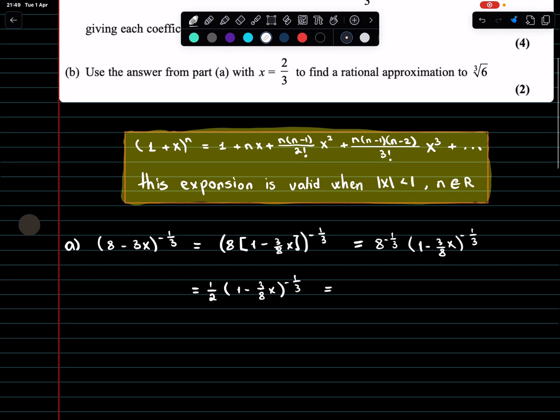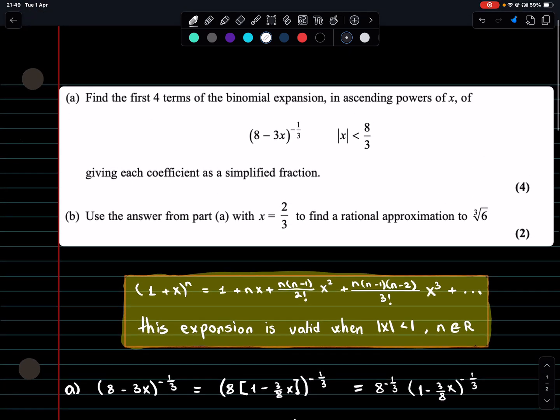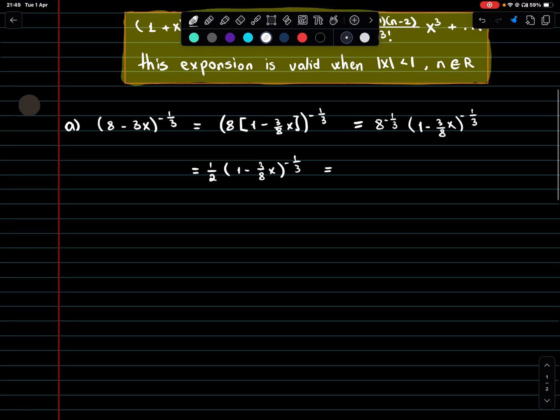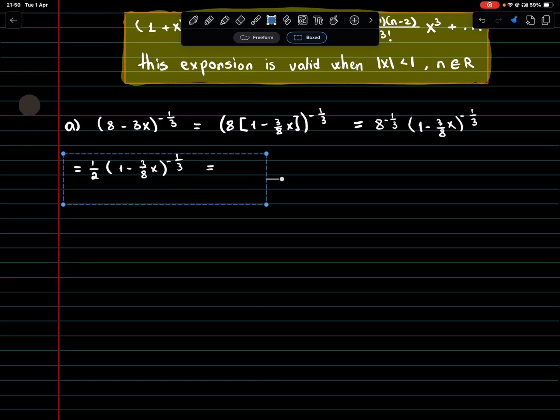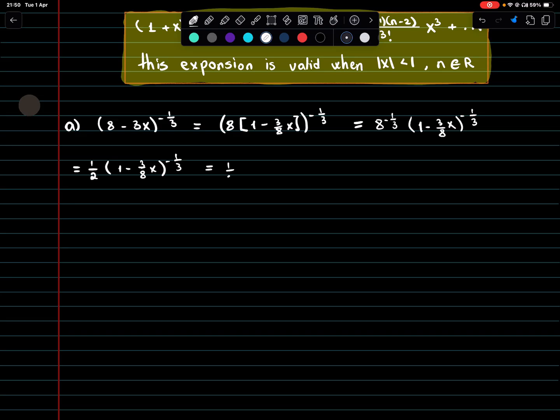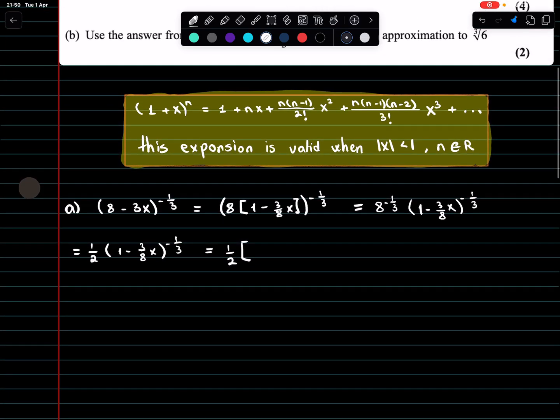Alright, let's see how many terms they want. They want the first 4 terms. So I'm going to keep the 1/2 out and then start expanding. Just look at the formula.